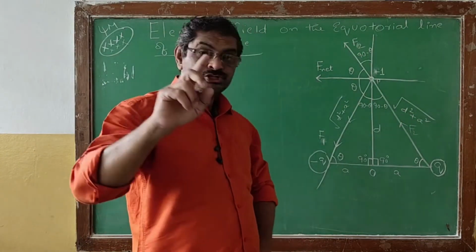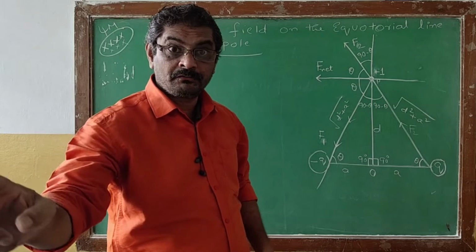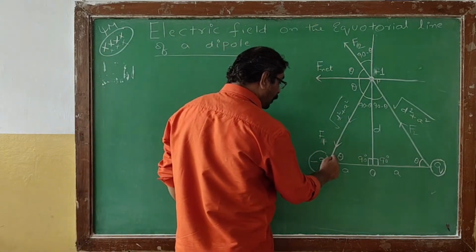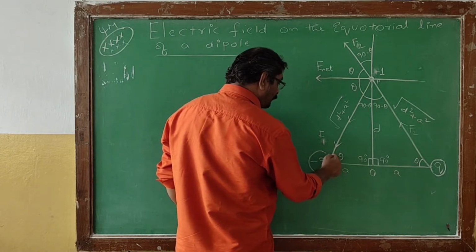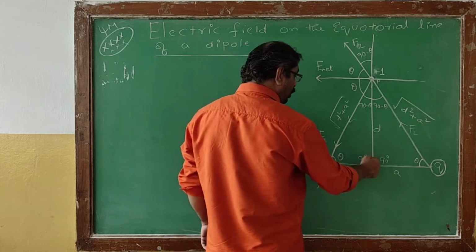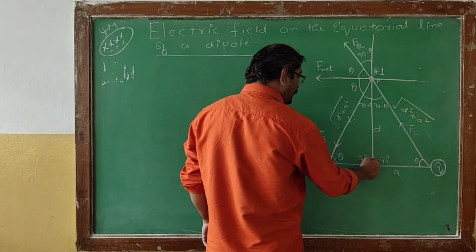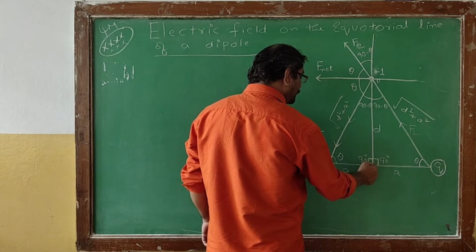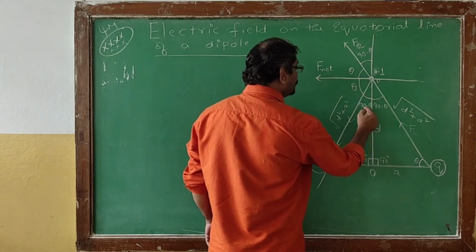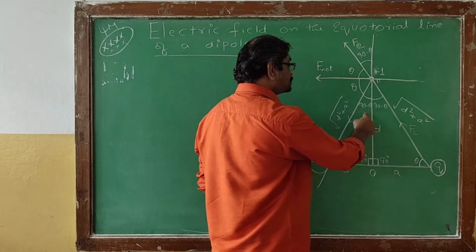So now I am assuming, let this angle be theta, then this angle will be theta. Now you already know this angle will be 90 degrees. So the remaining angle will be 90 minus theta.